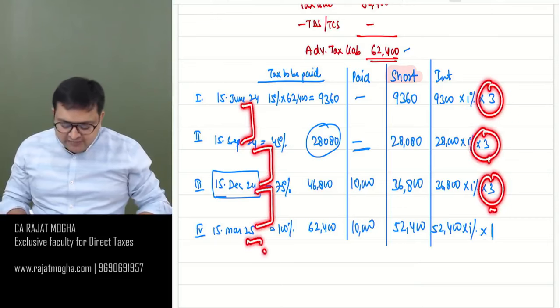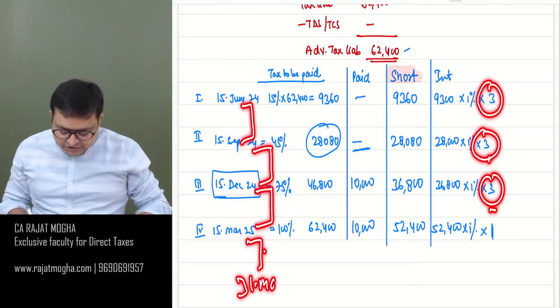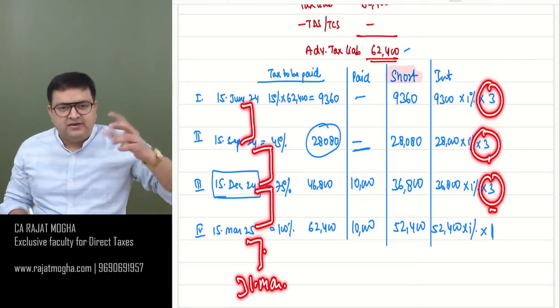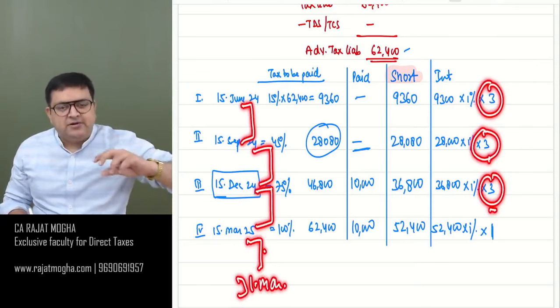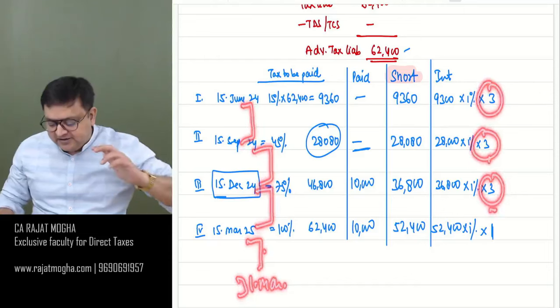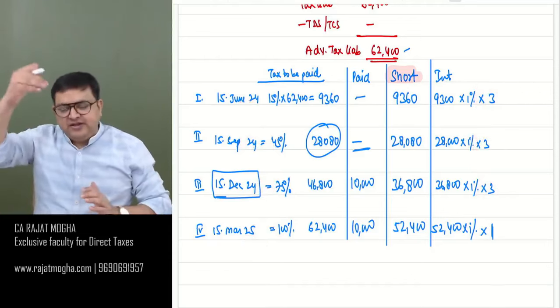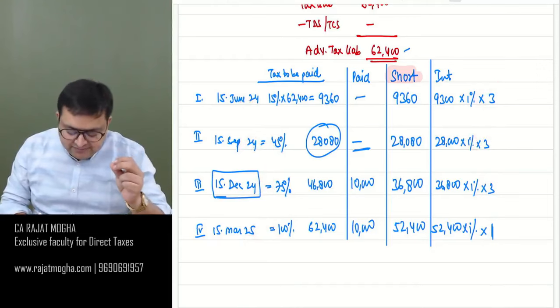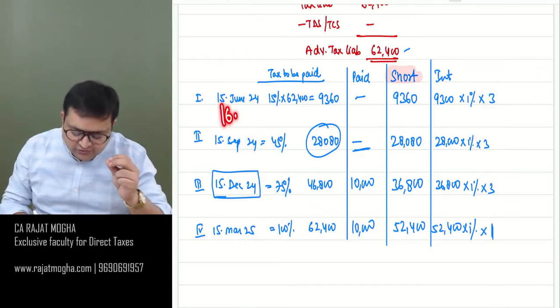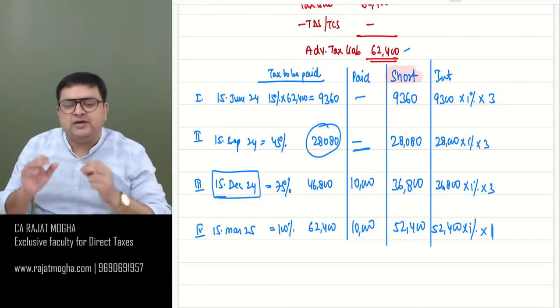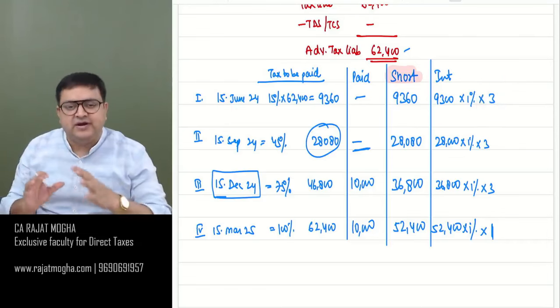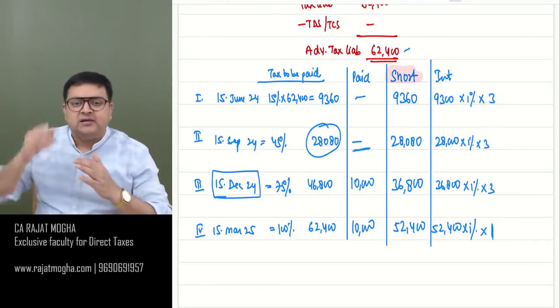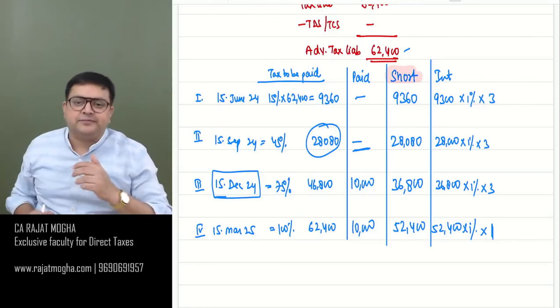And from 15th March till 31st March, it is almost 15 days. Part of the month we take as full month. That is the reason it is 1 month. So it is 3, 3, 3 and 1 fixed. Even if somebody has deposited the money on 16th June, I will keep it 3 only. It's fixed.